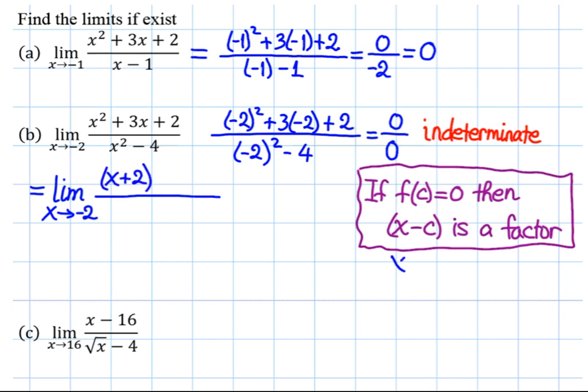So we say x minus -2 same as x plus 2. We should have x plus 2 on the top and x plus 2 at the bottom because both the top and bottom equal to 0 when x equal to -2.